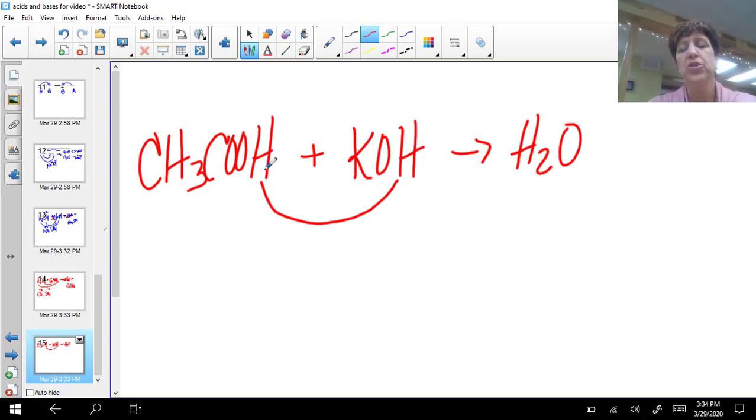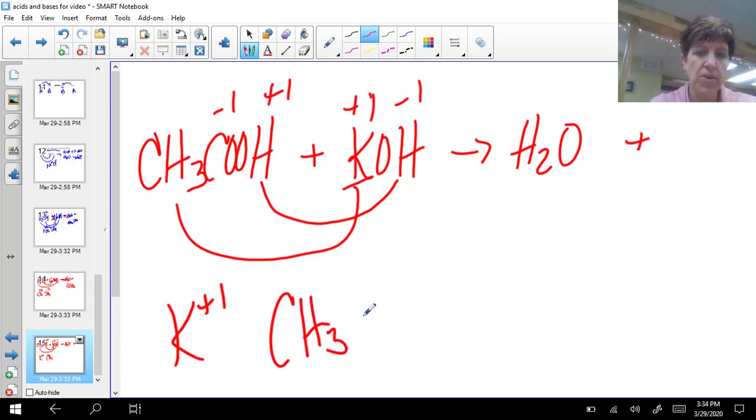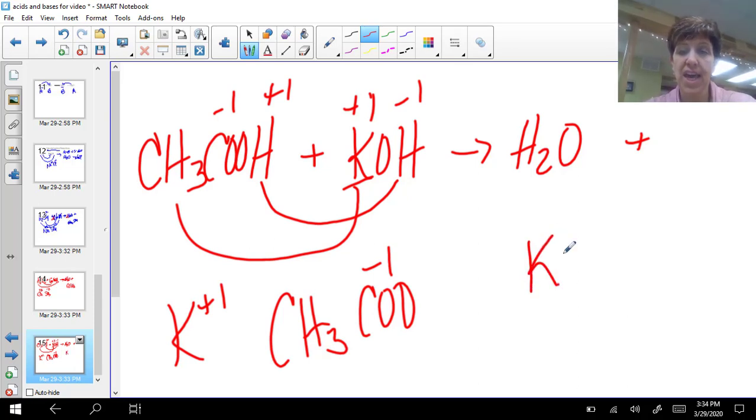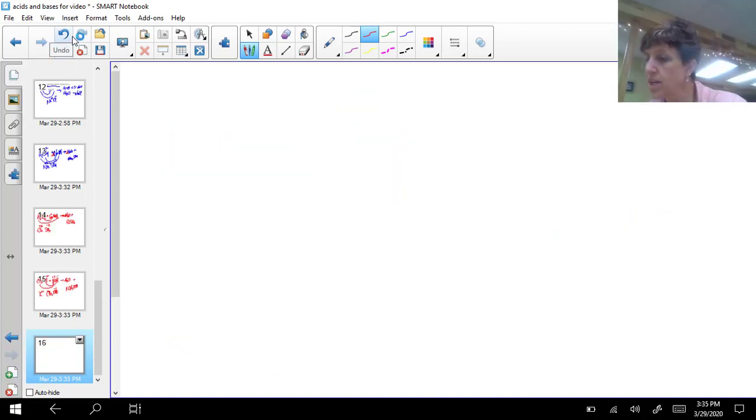Sort of looks a little weird because it donates the H plus off the end, but CH3COO is a -1. So this is all a -1, and this was a +1. K is a +1. OH is a -1. So my other product, the K, is going to go with the K is a +1. CH3COO is a -1. So I put it together and I get KCH3COO.